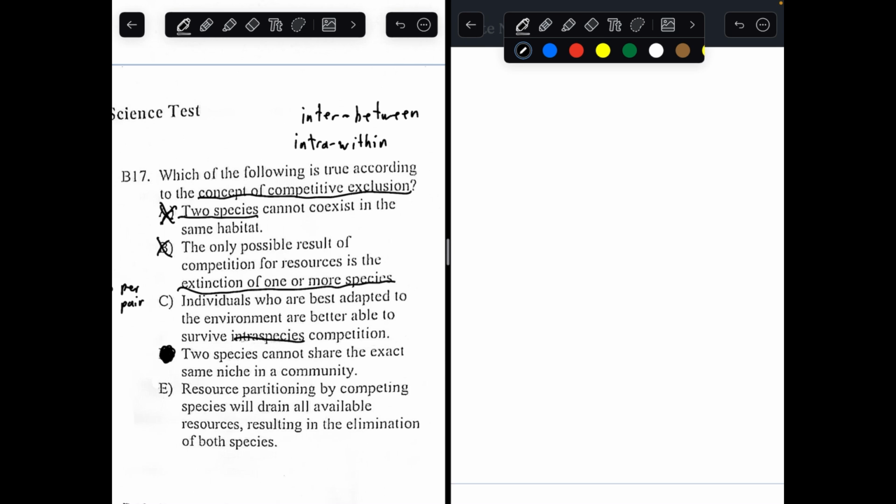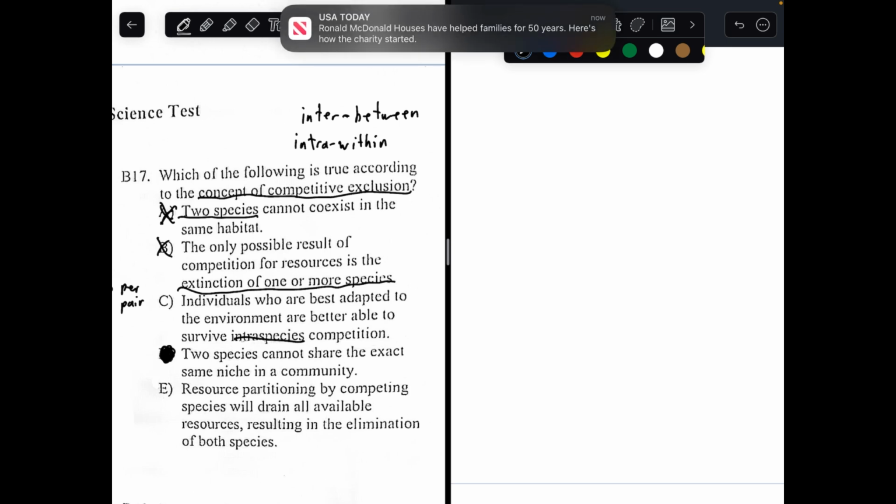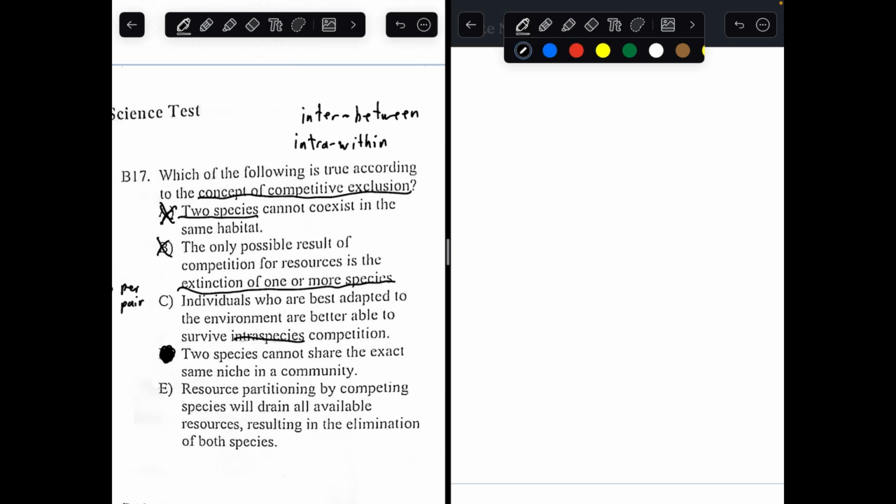They'll survive overall. I'd say this statement is relatively true, but two things. Number one, it is not as close to D as being true because D is essentially the definition of competitive exclusion. And the main difference is that C is dealing with intraspecies, whereas competitive exclusion deals with interspecies. So C will be wrong for that.